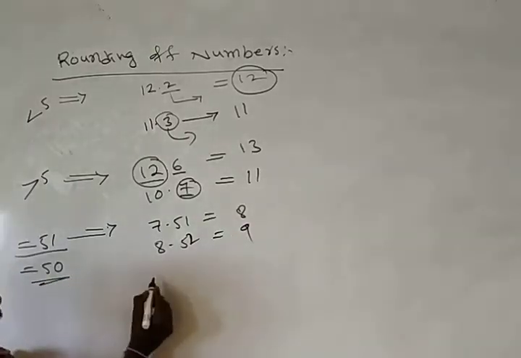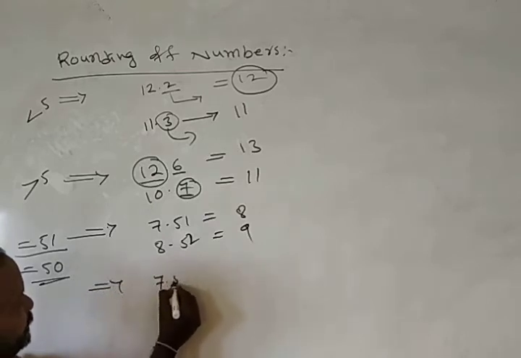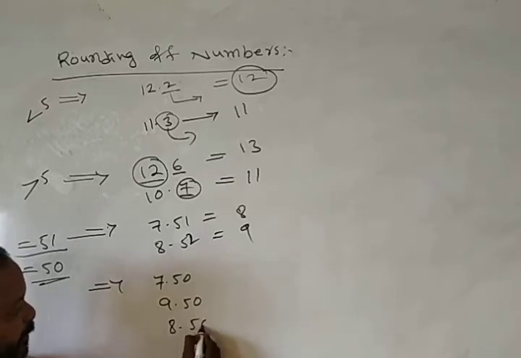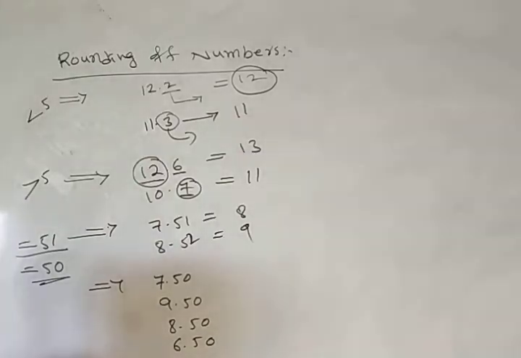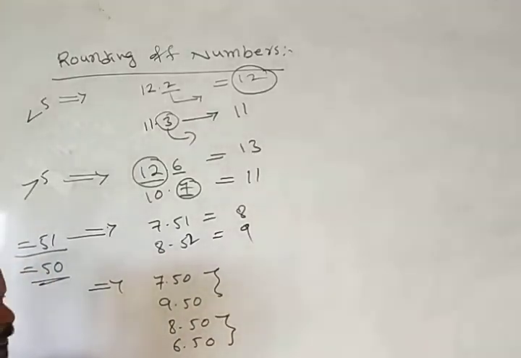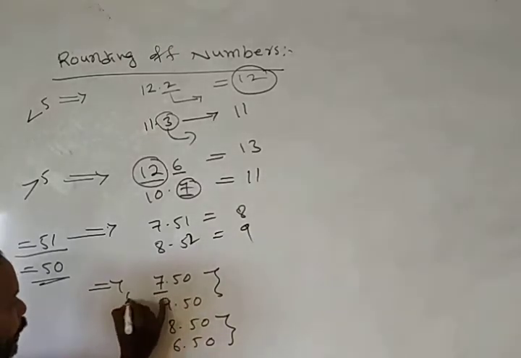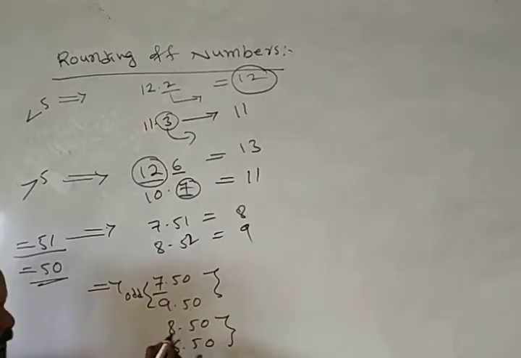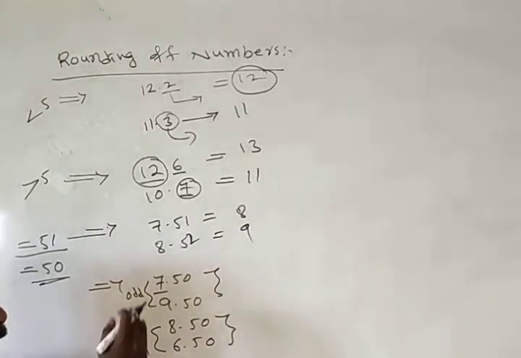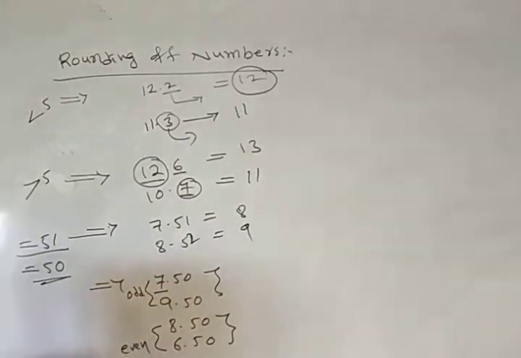Here exactly 7.50, 9.50, 8.50, 6.50 are there. These two are one set, and these two are another set. For these, the dropping number is exactly 50. Here, these two are odd numbers and these two are even numbers. The dropped number is 5 followed by 0.